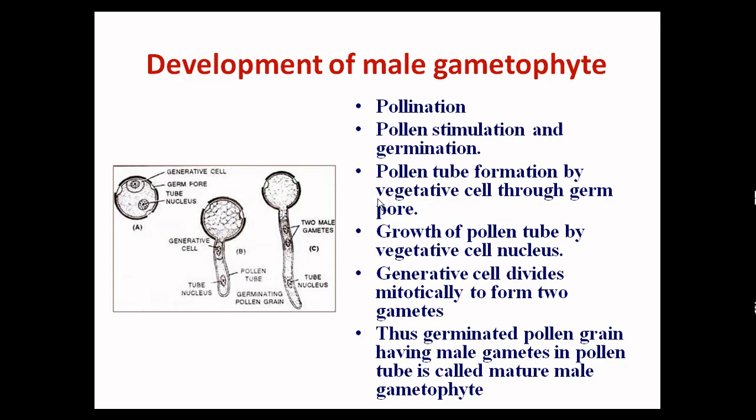That is, the vegetative cell comes out of the germ pore in the form of a pollen tube, and this pollen tube grows through the style of the carpel, and this growth is accompanied by the vegetative cell nucleus. Once the pollen tube is produced, the generative cell divides mitotically to produce the two male gametes, and thus the germinated pollen grain having the male gametes in the pollen tube is called a mature male gametophyte.